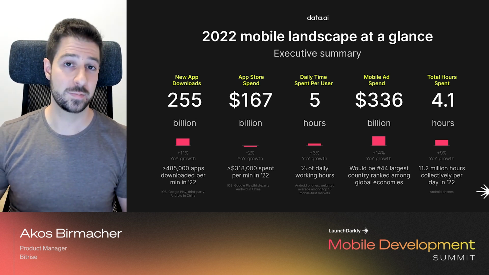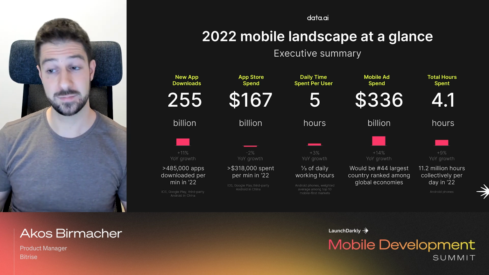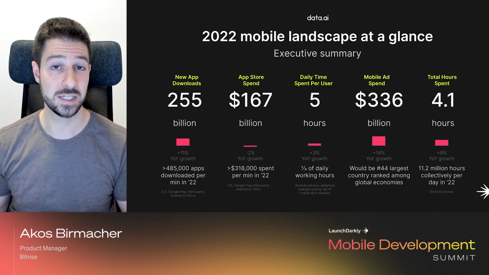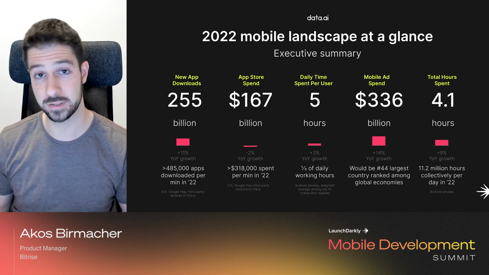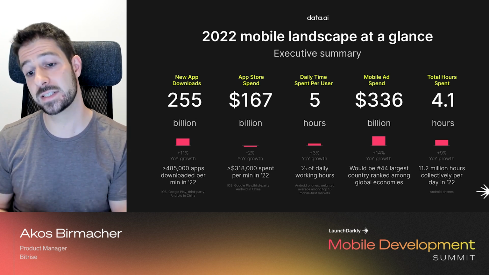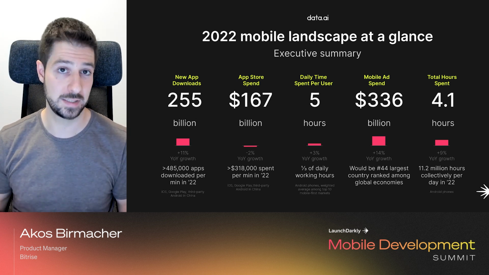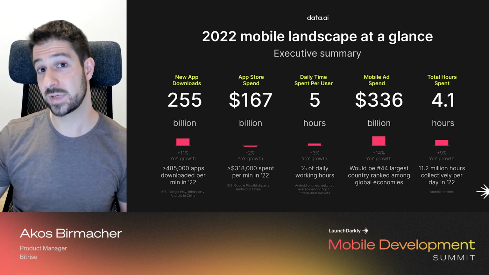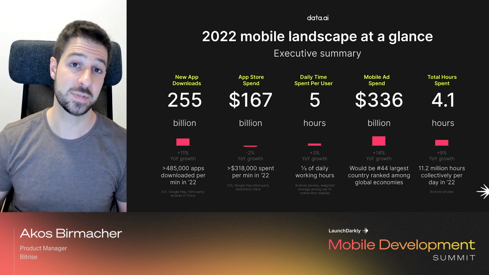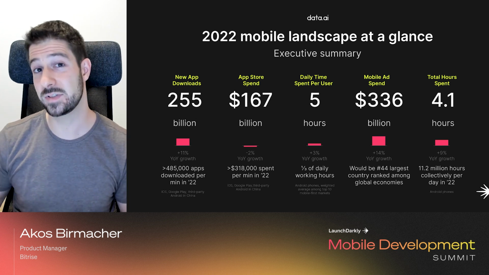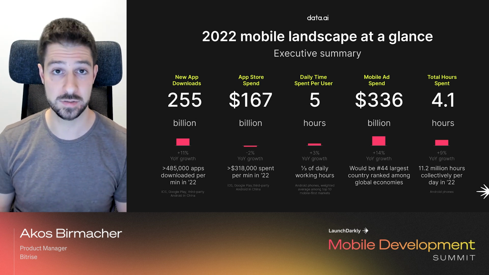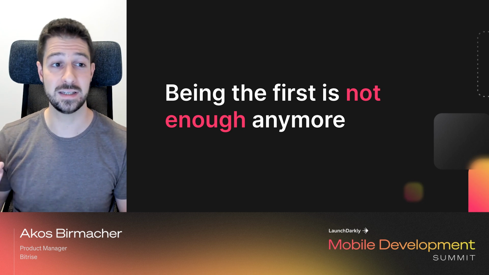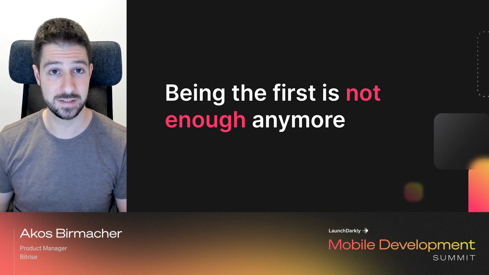Each year, new companies join the market, and by that, they're generating more and more competition for the applications already available in the store. The problem with this is that it's not enough anymore just to solve a user problem with your application. Probably other applications in the App Store are solving the same user problem for the same user segment. It's not enough to be the first anymore.